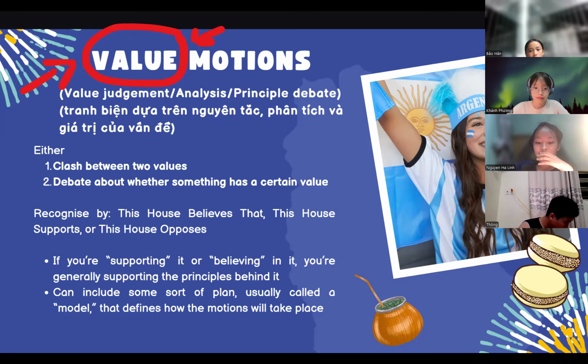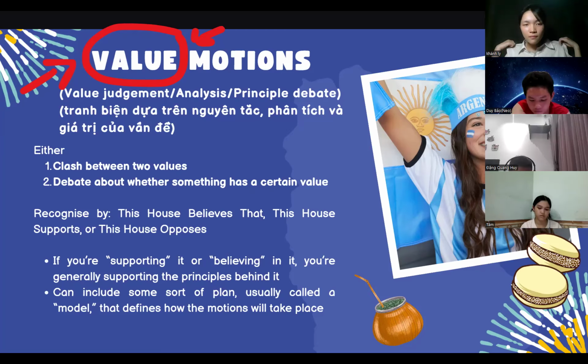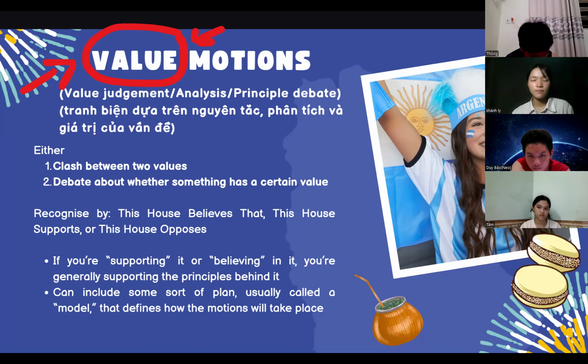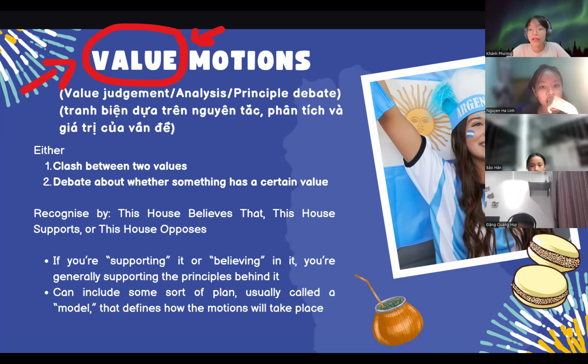Both teams discuss whether something is good, bad, or important, and they compare different values such as freedom, safety, equality, and then use logic and examples to convince the audience. I think so. Okay, thank you, Han. I think you're also right as well. Anyone else who also wants to explain this word and give an example?